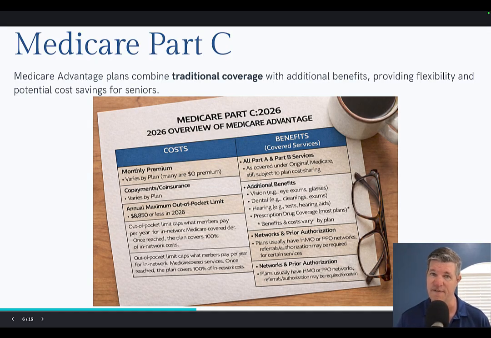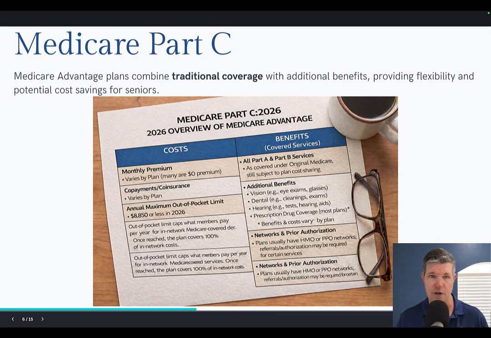If you have a plan that doesn't have Part D built into it, an HMO or a PPO or anything other than a private fee-for-service plan, PFFS, you cannot have a standalone prescription drug plan. So I want you to be careful with that. It has to include the Part D coverage. It's called an MAPD, Medicare Advantage Prescription Drug Plan, all in one, or else you're going to have that late enrollment penalty start to accrue for Medicare Part D.